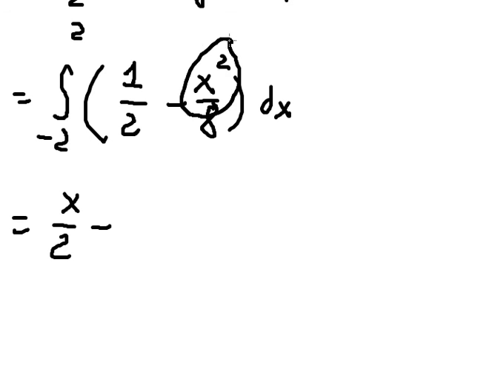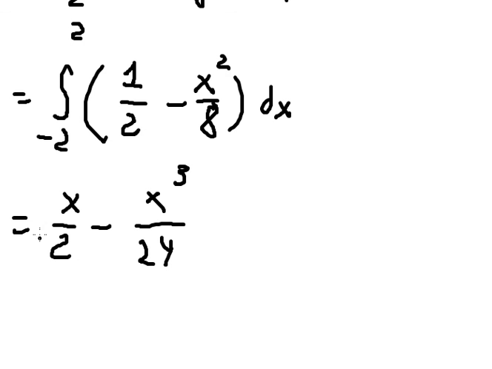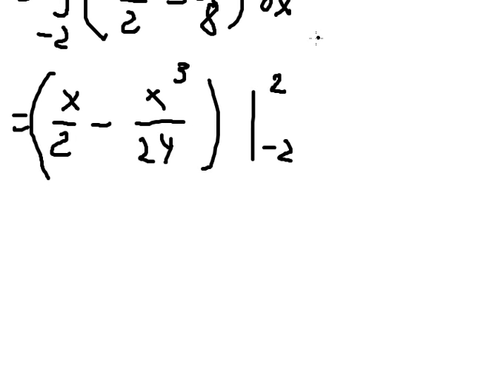The integration of this one, we have s cubed over 3. Number 3 and number 8, we have 24. And we put the bounds from negative number 2 to positive number 2. So I will put number 2 here, negative number 2 here. So we have the final answer.